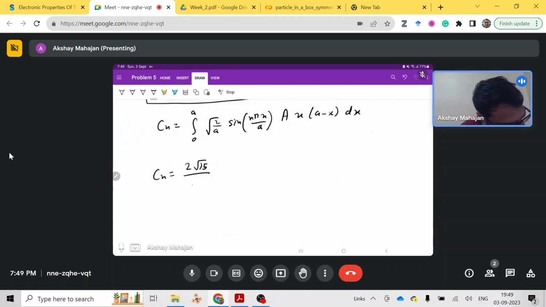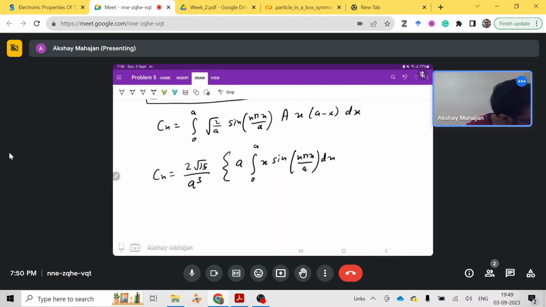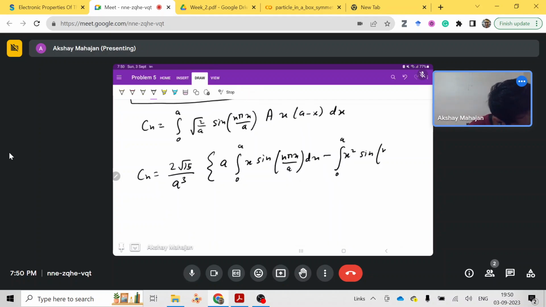We will have a cube here, and then we will have the integration from 0 to a of x times sine of n pi x by a dx, minus the integration from 0 to a of x square times sine of n pi x by a dx.